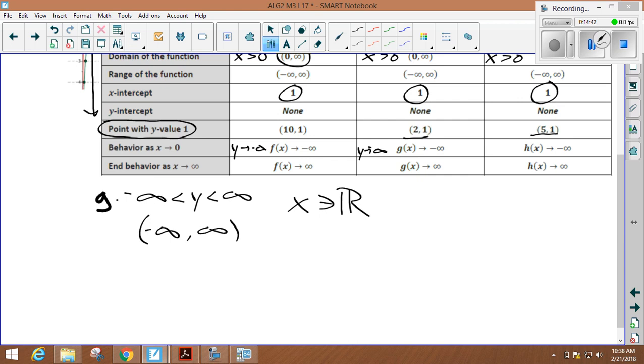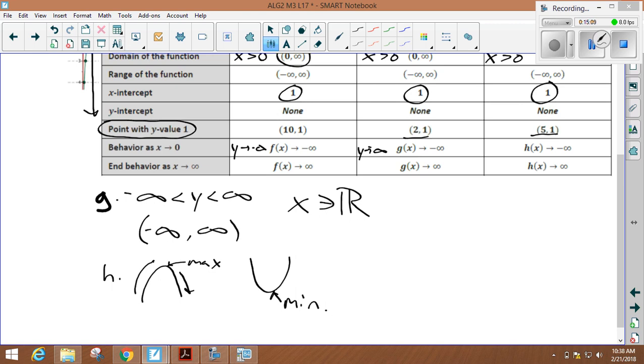All right, and for h, does this function have any relative maxima or minima? And remember, guys, a relative max looks like that, right? That's a max, and a relative min looks like that, right? In other words, a maximum occurs when your function changes from increasing to decreasing.